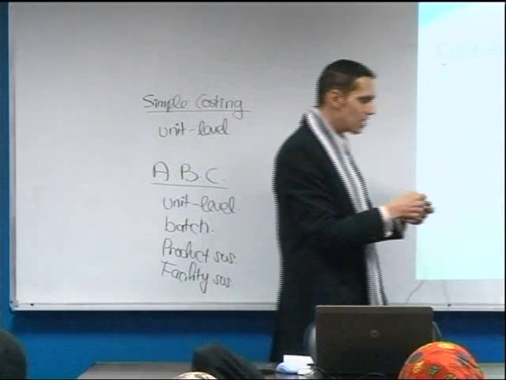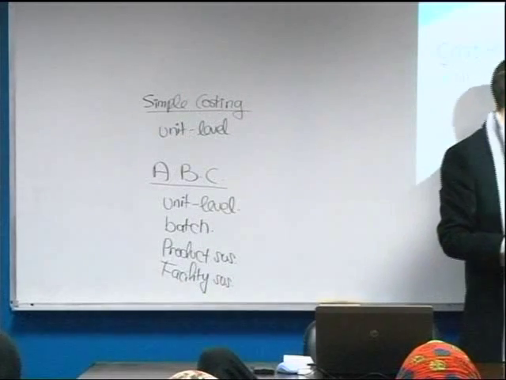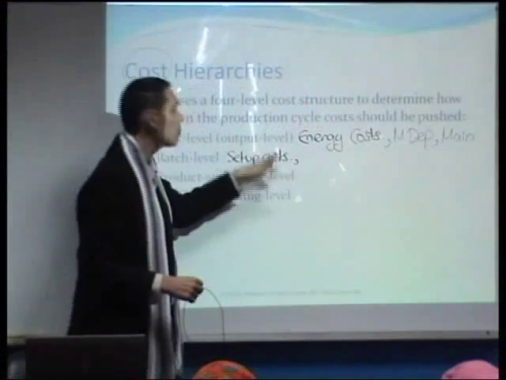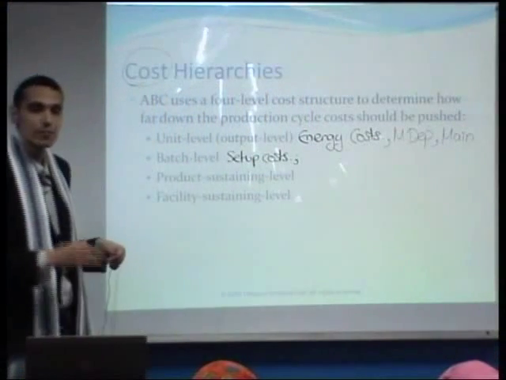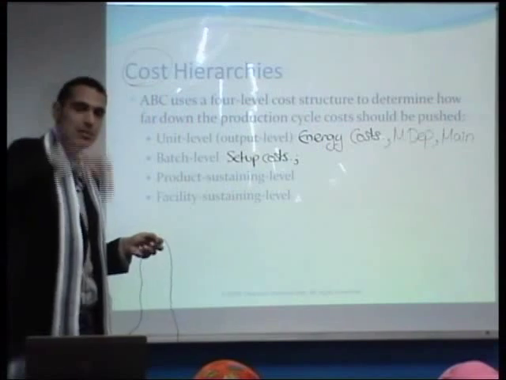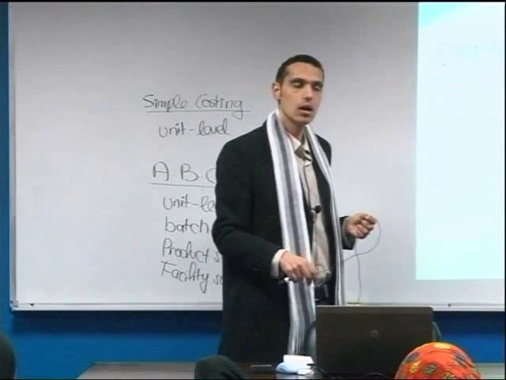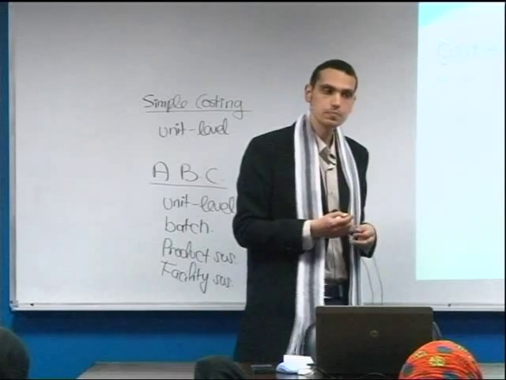Therefore, the energy costs, the depreciation costs, the maintenance costs, the setup costs: we are here classifying the cost of activities themselves, not the allocation basis that is being used.